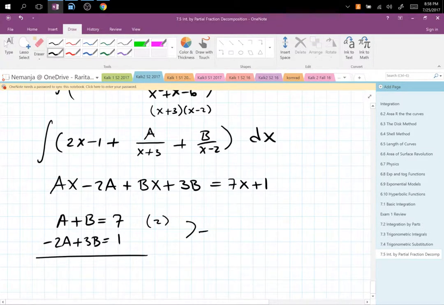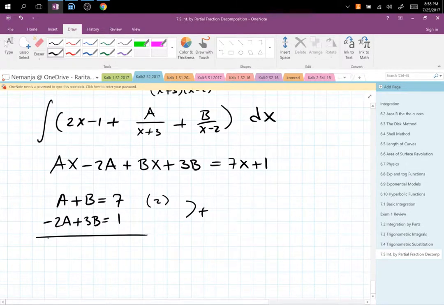Times 2 on the top and then add kills the A. 5B is equal to 15, because 7 times 2 is 14 plus 1 is 15. So B is 3. And if B is 3, A better be 4, because together they need to get 7.